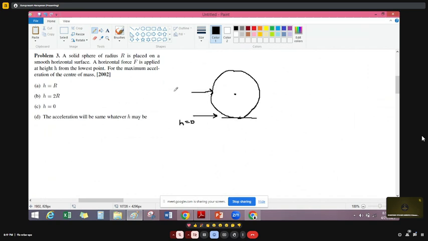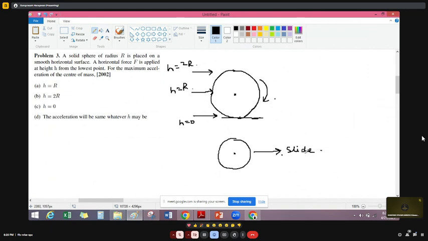This height is h equal to r. This height is h equal to 2r. The interesting thing is, for rolling, it's coming in the last part of this chapter, so we'll come back to it later. But for rolling, only if you have some friction in the ground, you will be able to roll. Otherwise, whenever there is no friction, the wheel will just slide through.